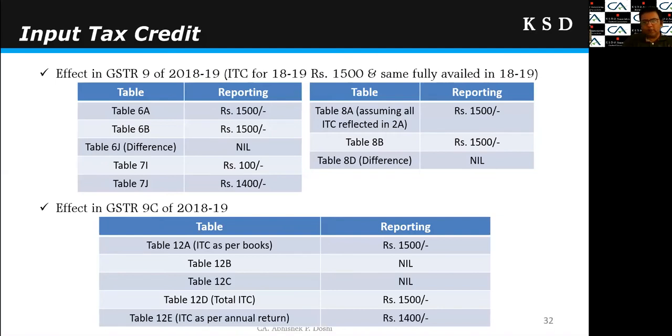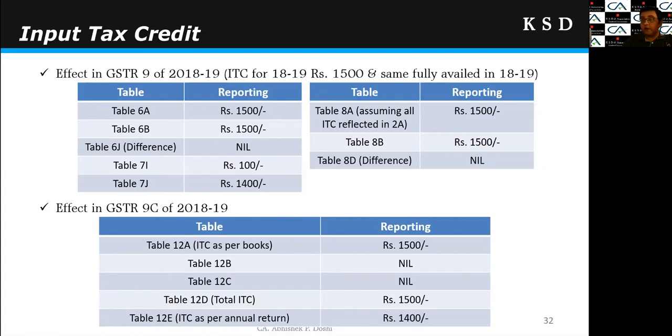Now let's come to what we will do in the 18-19 GSTR 9. So assuming the same 18-19 ITC is 1500 rupees, table 6A will give me auto-population of 1500 because ITC is 1500 in this year. 6B will be 1500, so there is no difference in 6J. Now in table 7, specifically table 7I, there will be a total reversal of 100 rupees.